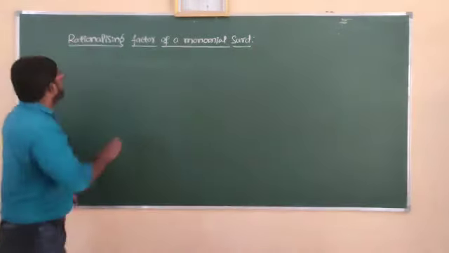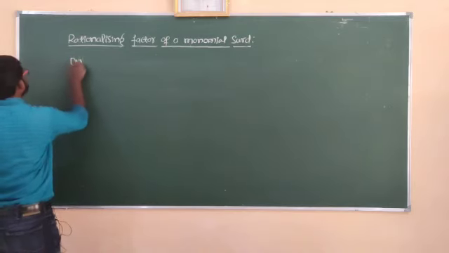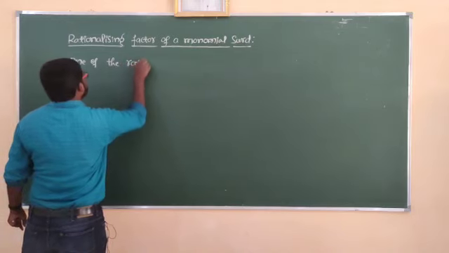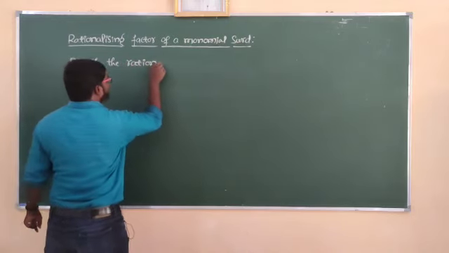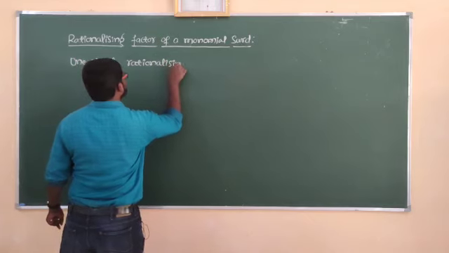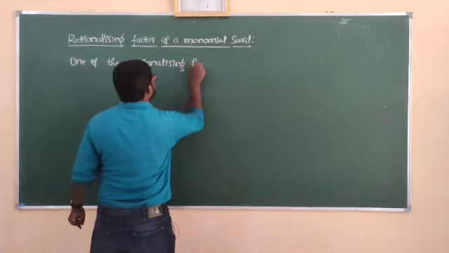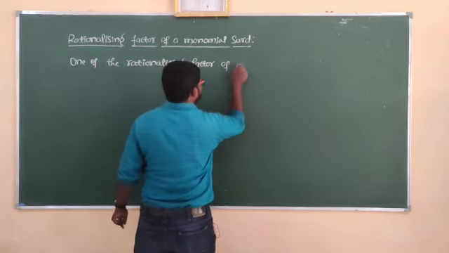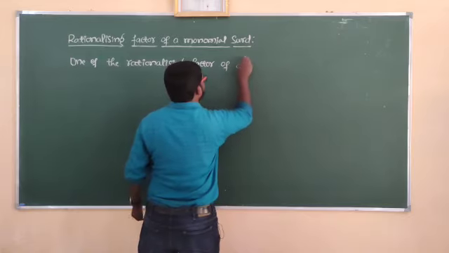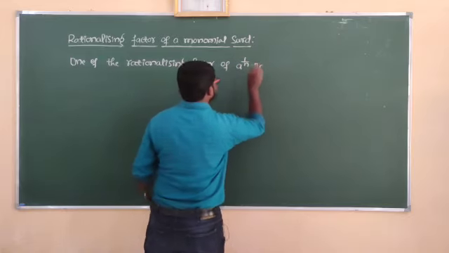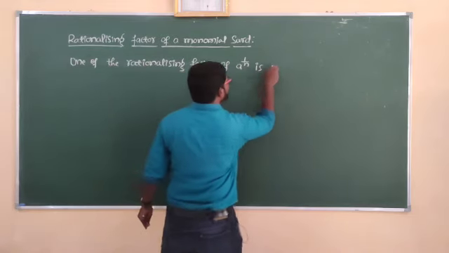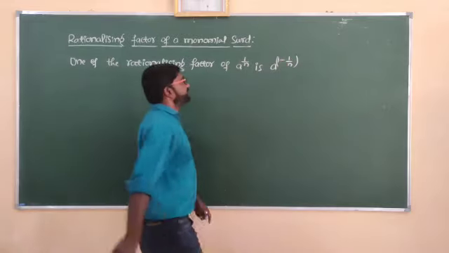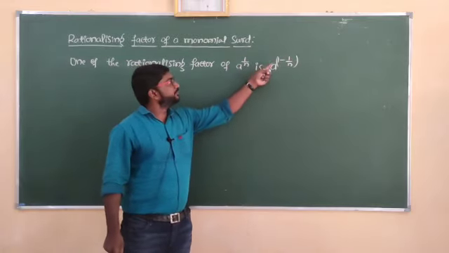One rationalizing factor of a to the power 1 by n is a to the power 1 minus 1 by n.